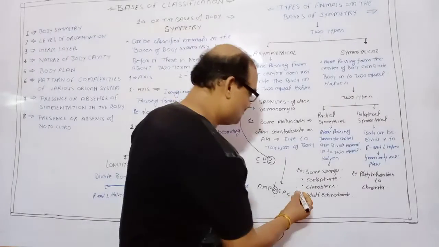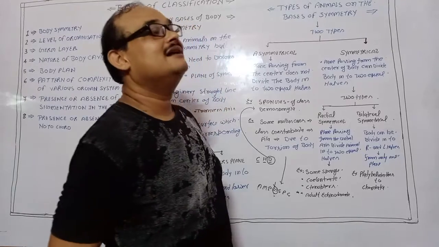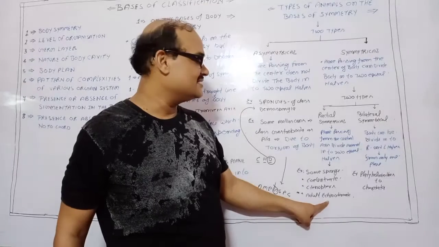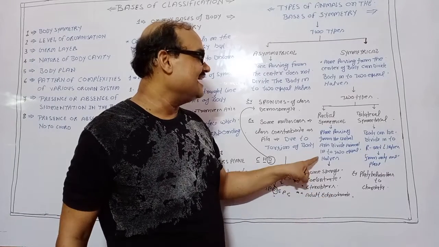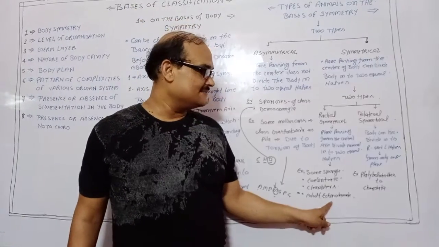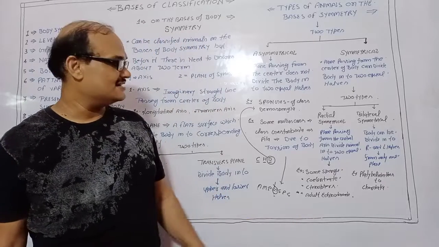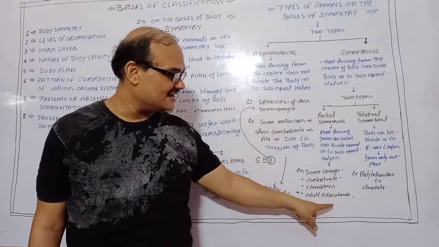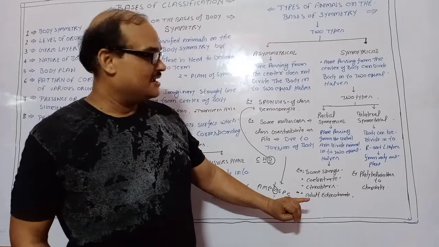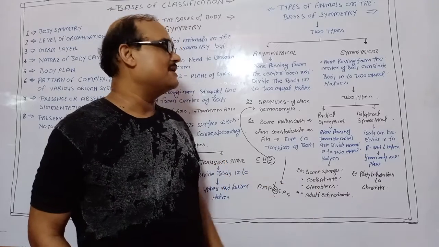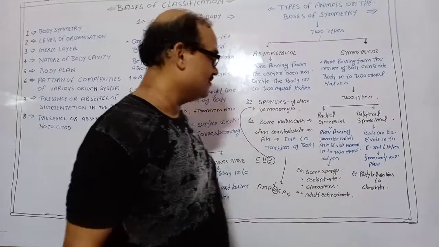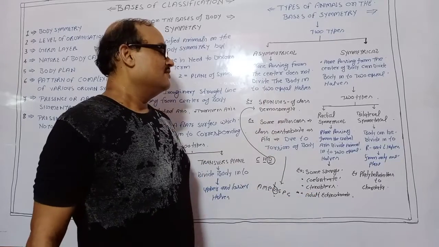And a very important point, a very important question for competitions: adult echinoderms are radial symmetrical, but their larvae are bilateral symmetrical. They always ask this question. Such animals belong to Echinodermata, and there is no exception here. All members of the echinoderms show this condition. That's why I'm not going to discuss their classification now. We will talk about it in phylum Echinodermata.